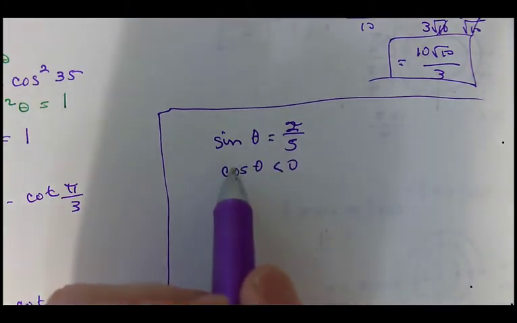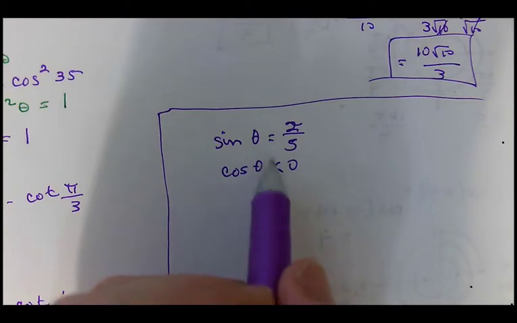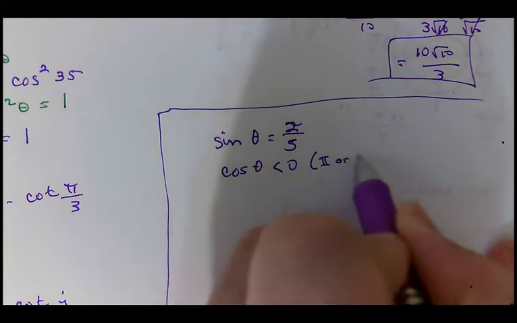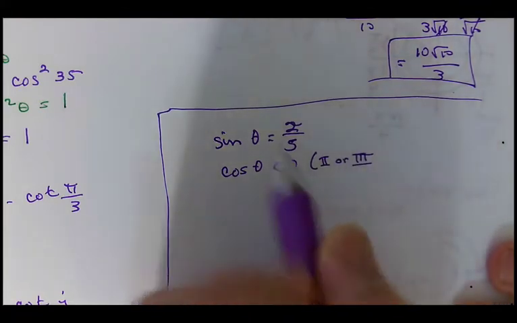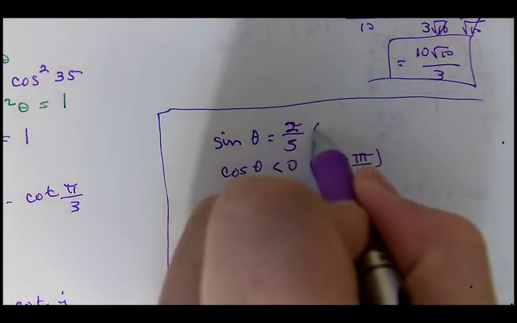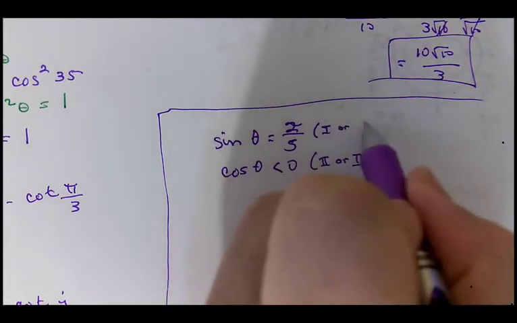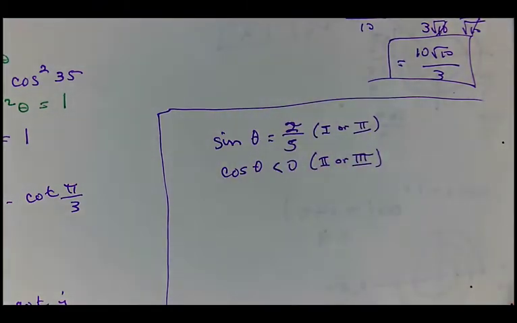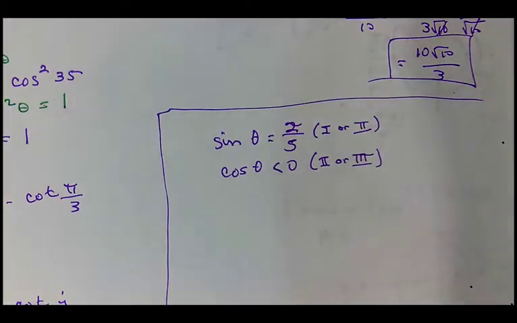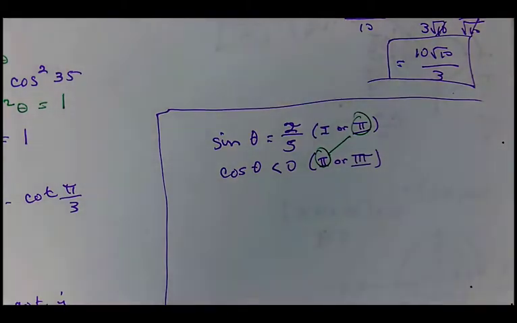Cosine less than 0 means quadrants 2 or 3. In what quadrants is sine positive? Sine is positive in quadrants 1 or 2. So this angle is located in quadrant 2.